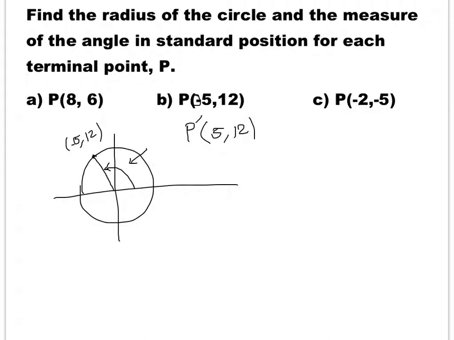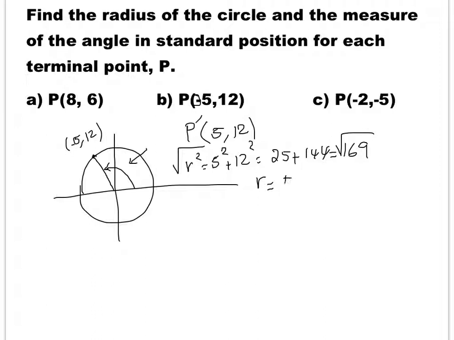Okay? To do that, first I have to find the radius. So I'm going to say r squared is 5 squared plus 12 squared, which is 25 plus 144, which is going to be 169. Take the square root of both sides. I'm going to get r is plus or minus 13. The same logic: distance can't be negative, so the radius has to be positive, so -13 is rejected. So the radius is 13. Now I can use sine, cos, or tan.